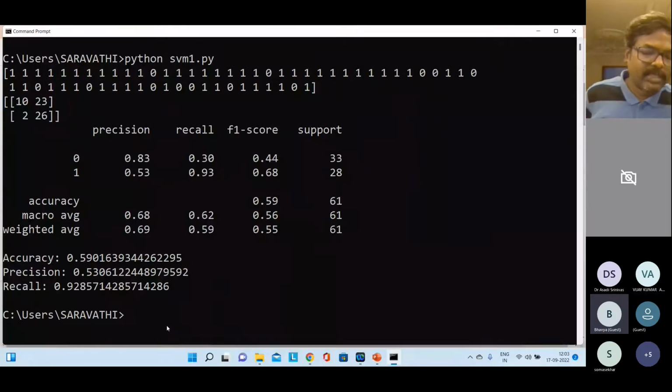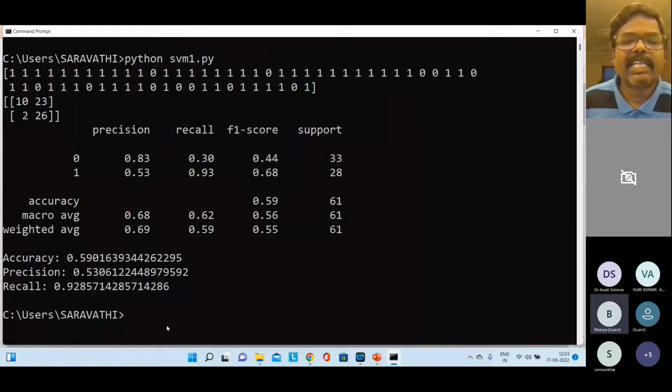Based on symptoms, whether he is feeling pain, his name, age, symptoms of the heart disease patient. I have applied support vector machine.